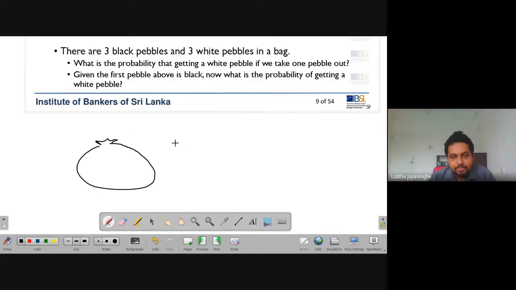This is the bag. 3 black pebbles, B, B, and B for black. And okay, my bag space, I'm going to expand it a little bit. And I'm going to use a different color.